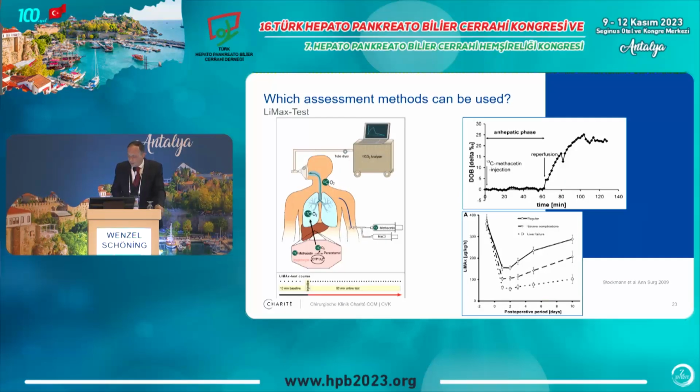In the same paper, we described some patients who had this test, and you could see how the liver function was before the operation, then after the operation. We have different curves, and this is the curve of the patients that experienced liver failure. These are patients with severe complications, and these were patients with a normal course after the operation. So the test was able to separate patients that experienced liver failure and patients that had a normal course.